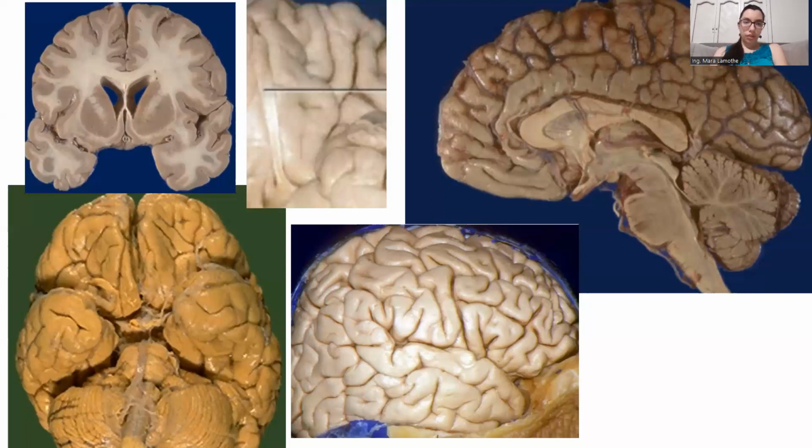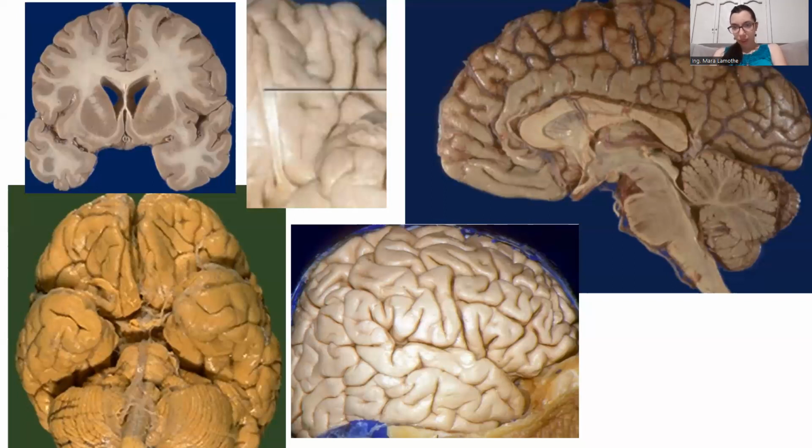In the medial surface, it is mainly composed of the medial surface of the superior frontal gyrus. The cingulate gyrus is at the level of the corpus callosum, and the other part that is in the medial part is the anterior part of the paracentral lobule.